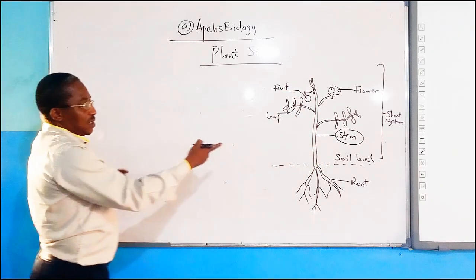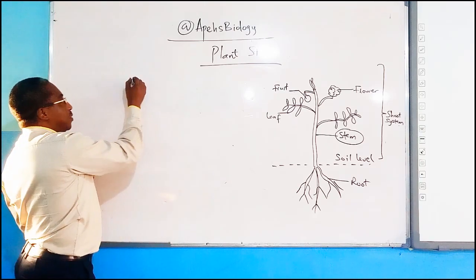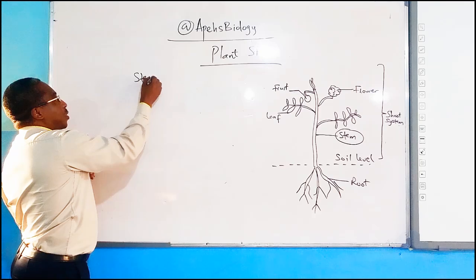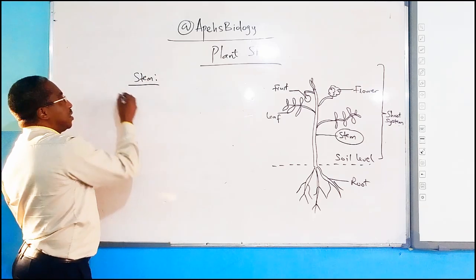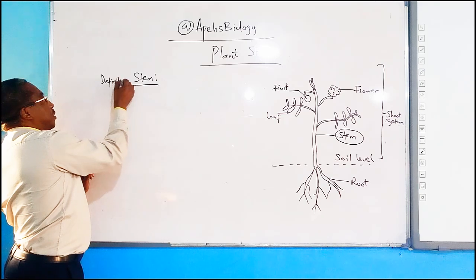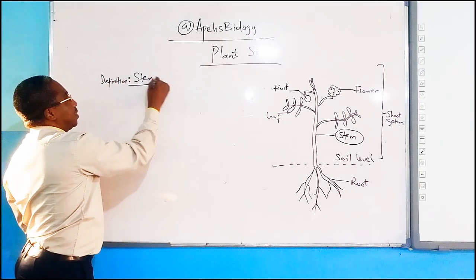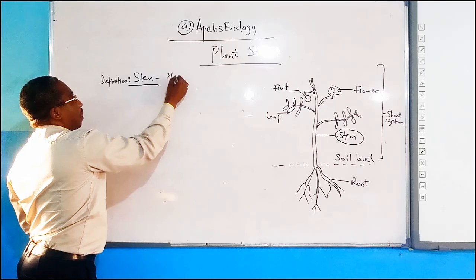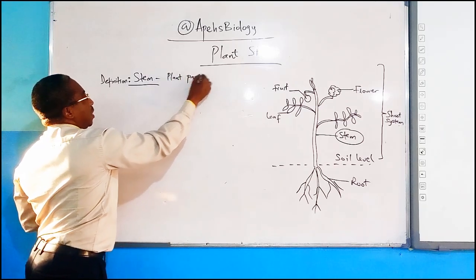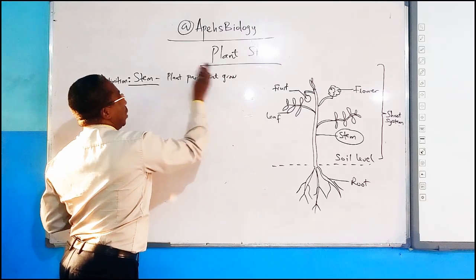Now when you look at this stem, based on what we have seen, we can now say, what does it mean by definition of stem? It simply means plant part that grows above soil. Let's make it easy.